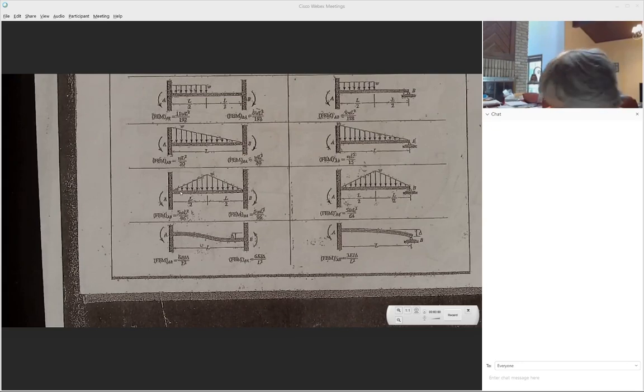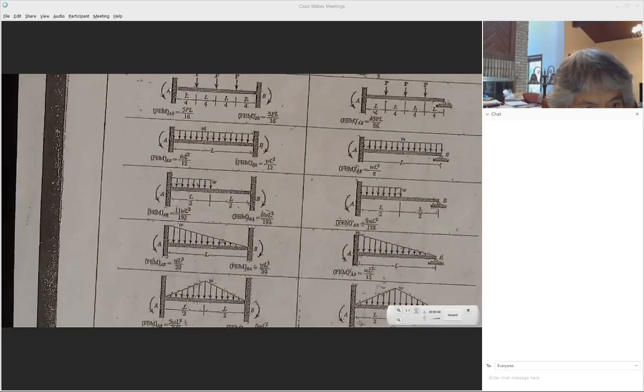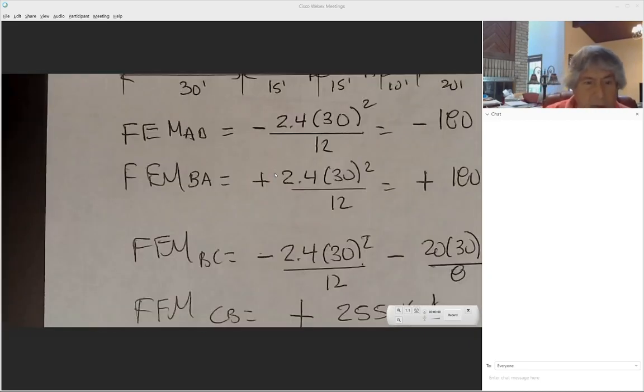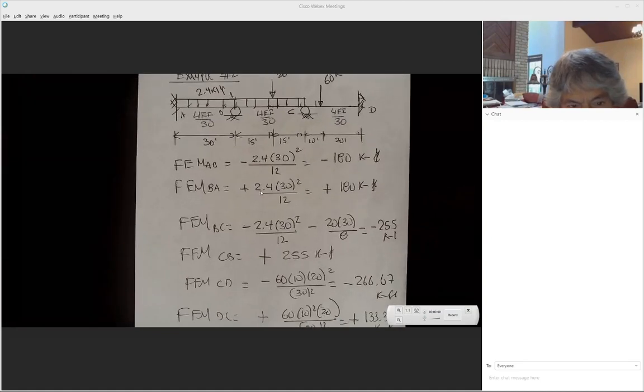That's the exception to the rule. But in general, all the moments on the left hand side are going to be negative, and all the ones on the right hand side are going to be positive. So using this table, we computed the fixed end moment.